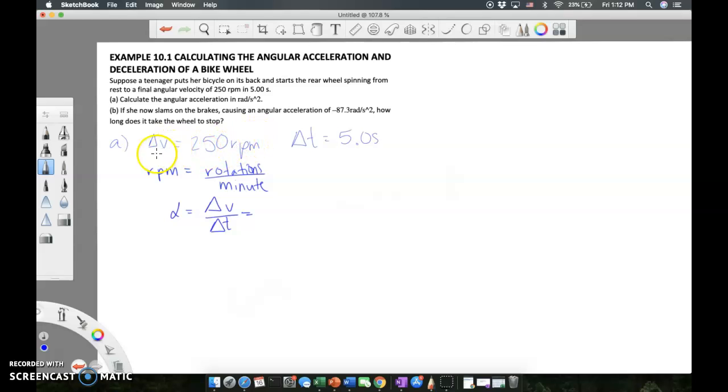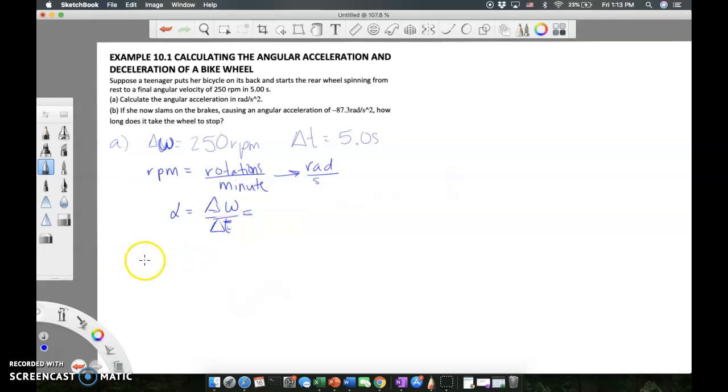Oh yeah, this is angular velocity, my bad, this should be omega. So we need to change these units, RPM, rotations per minute, to radians per second.